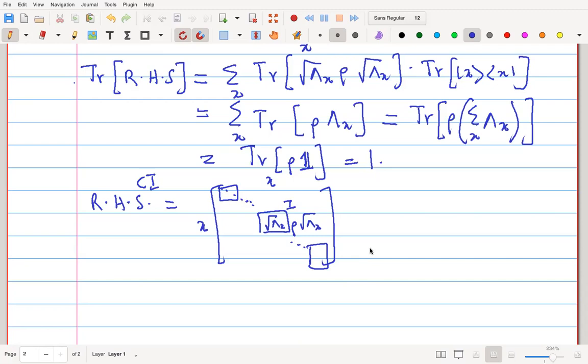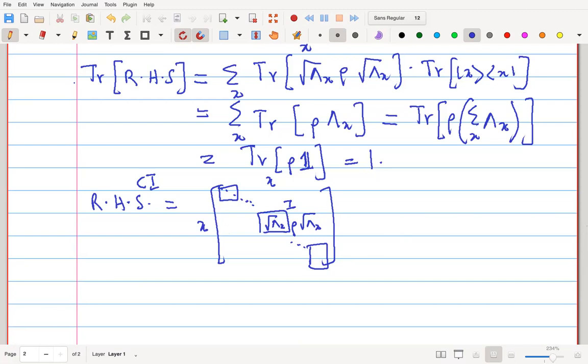So it's easy to write down the eigenvalues and eigenvectors of this matrix: they are just the union of the eigenvalues and eigenvectors of the corresponding blocks. So for this matrix to be positive semi-definite is equivalent to saying that each of these blocks has to be positive semi-definite. So let us take the x-th block and check that it is positive semi-definite.